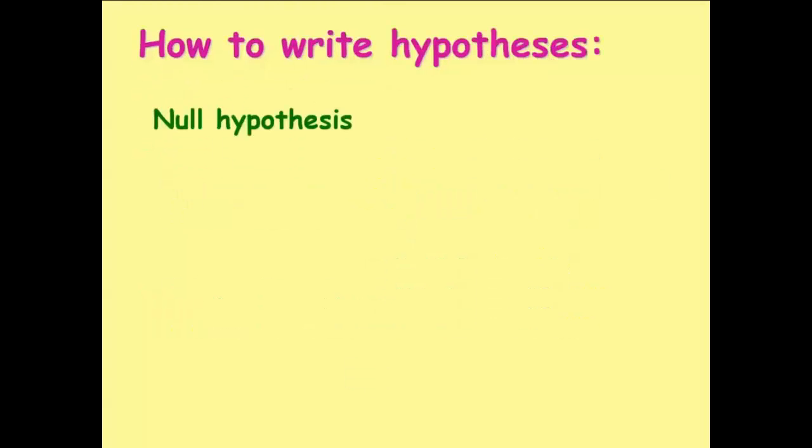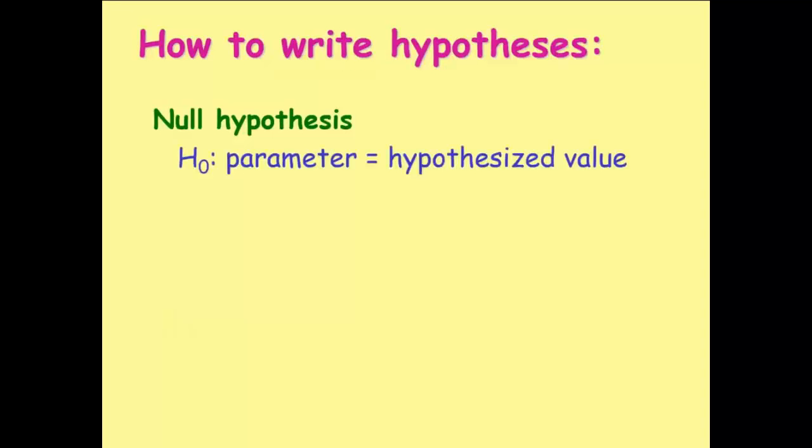Okay, so how do we write it? We start with our null, and our null is going to be, this is what we believe is going on. So it's some sort of population parameter, whether it's mean or proportion or other things that we'll look at later. And then what value do we think is going on? And then the alternative hypothesis comes in one of three directions.